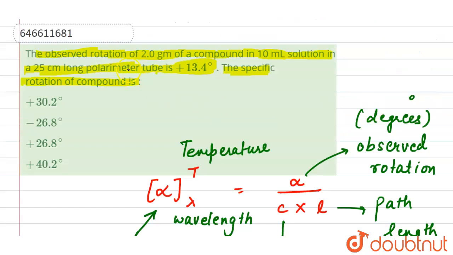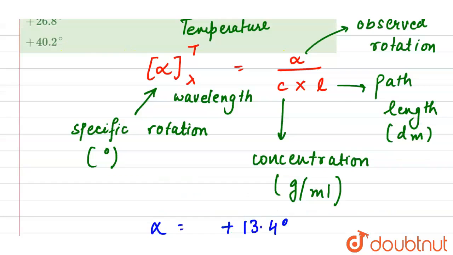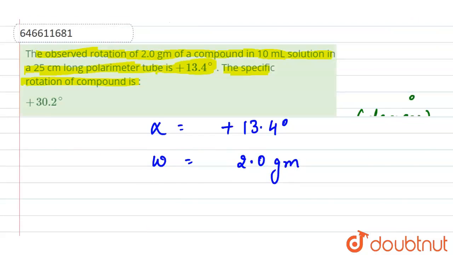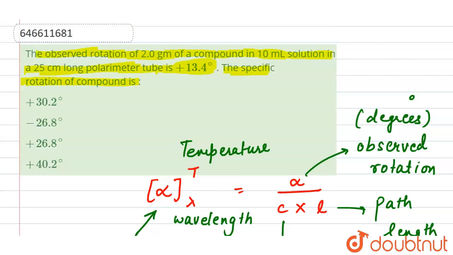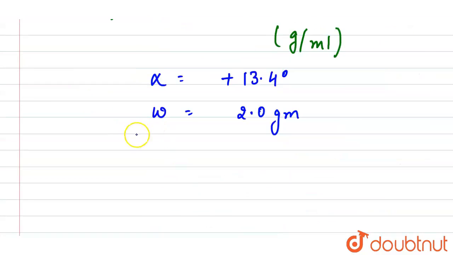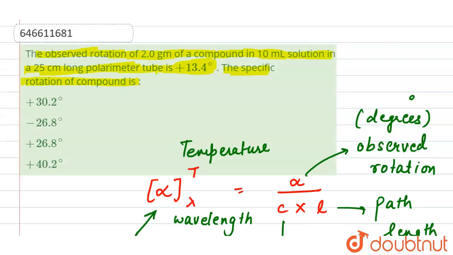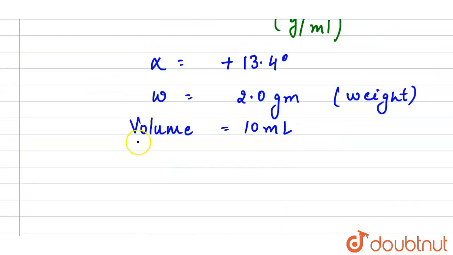Weight is equal to 2.0 grams, volume is given as 10 ml, and the path length is 25 centimeters.